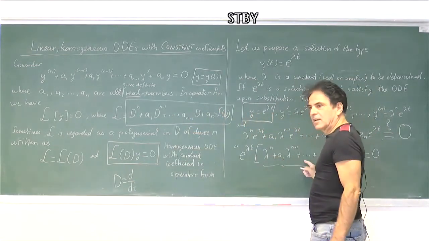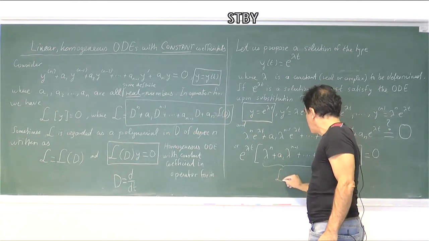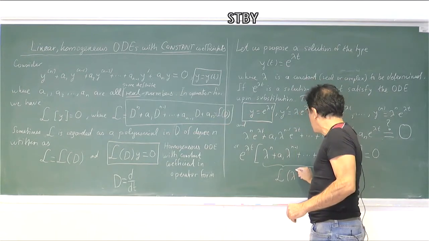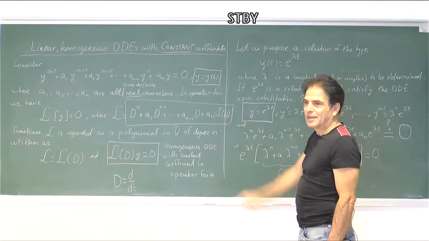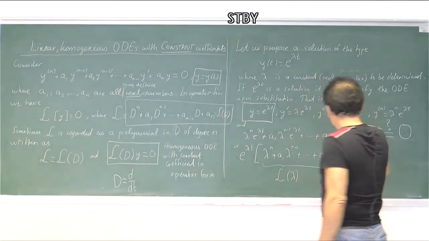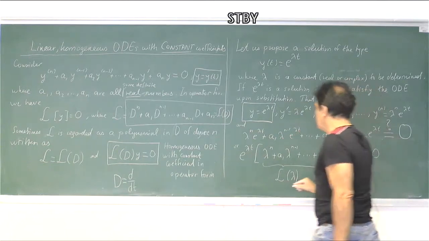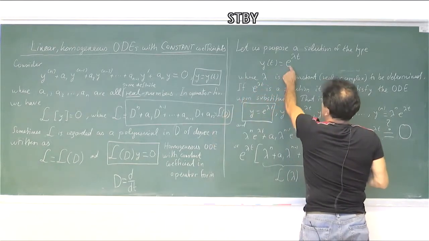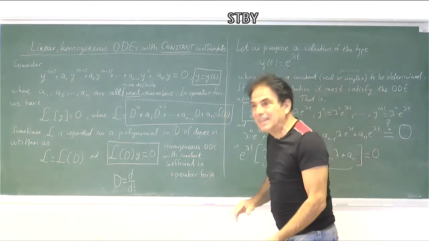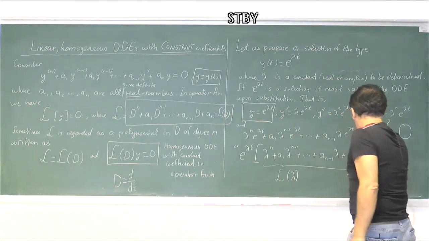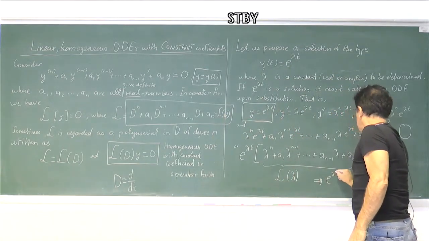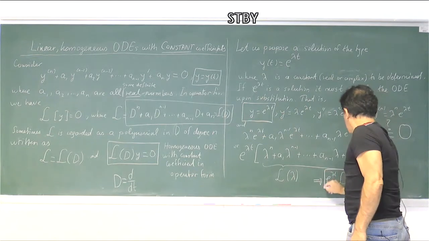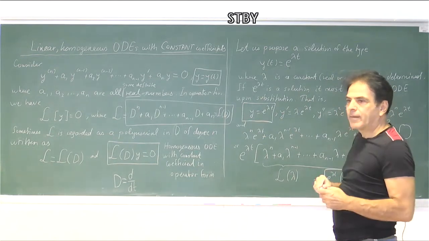So the term in braces is nothing but our differential operator where D is replaced by lambda. Good? So for this proposed solution to be indeed a solution, we must have e to power lambda t times L of lambda equal to 0. Good?